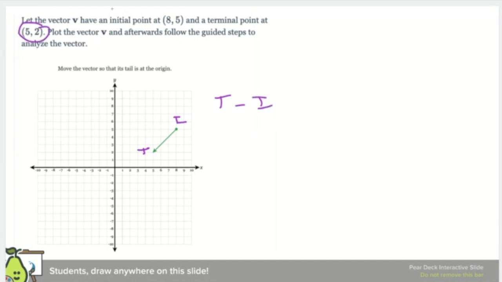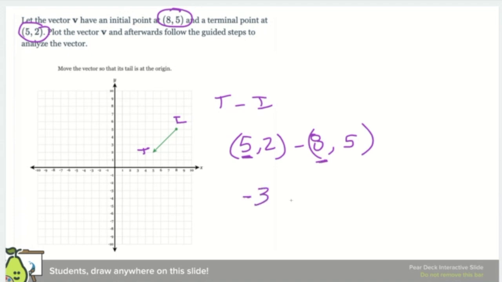So it's going to be this minus that. So 5 minus 8 is -3. And then 2 minus 5 is also -3.